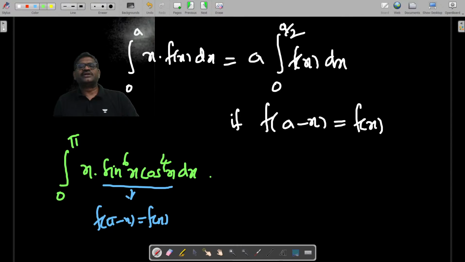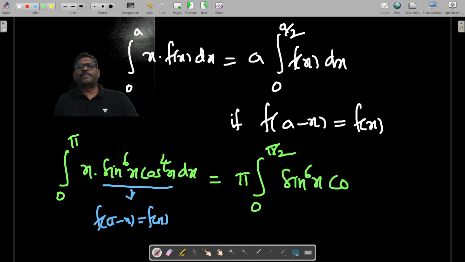Therefore, this can be written as pi into integral 0 to pi by 2 sin power 6x cos power 4x dx. Now you have to apply Wallis rule.